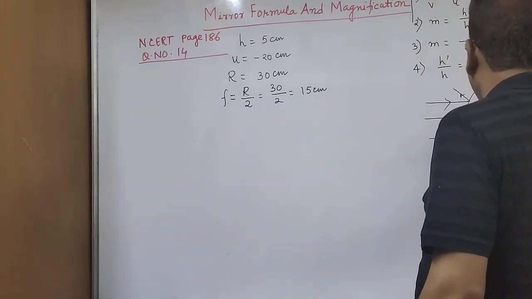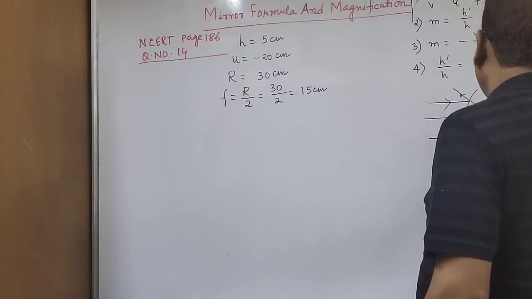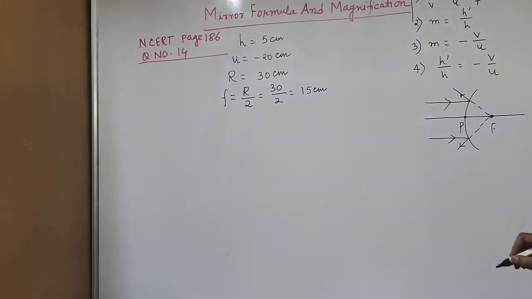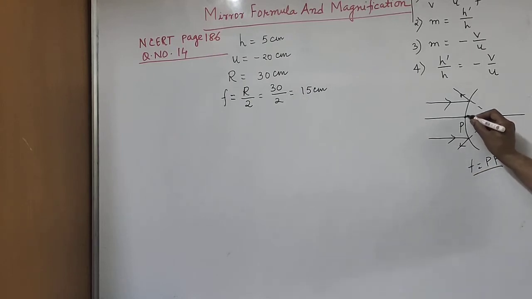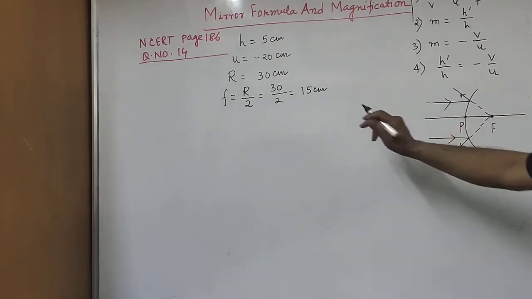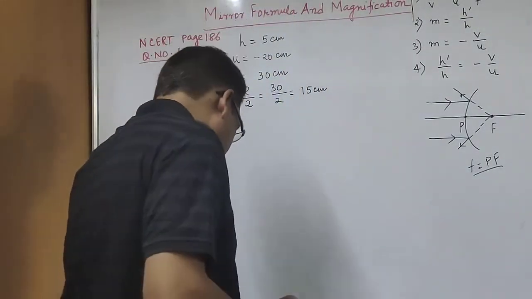But when we produce the rays backward, they meet somewhere here, and this point is the focus, and the focal length is the distance between P and F. You see this is towards the right of the pole, obviously. That's why we write f is equal to 15 centimeter.